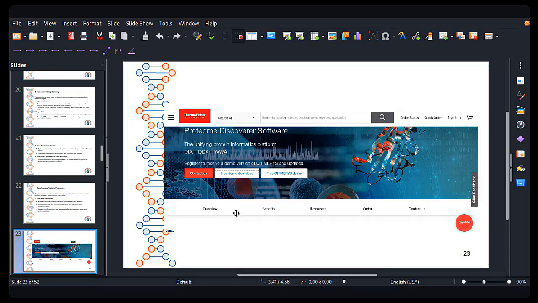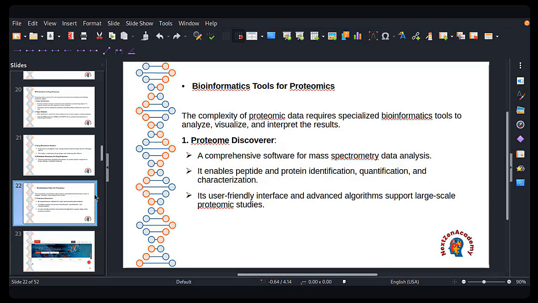So आप लोगों का homework क्या है अब? ये वाले जो tools हैं, a free demo is present for these tools. You guys have to download it. It's a software for MS data analysis. It enables peptide and protein identification, quantification, and characterization. So you can use these tools.